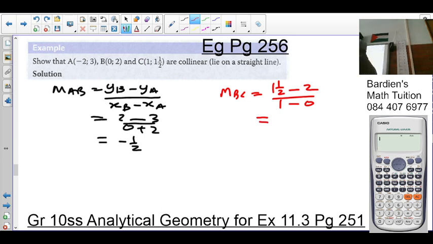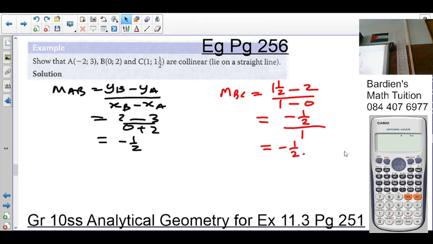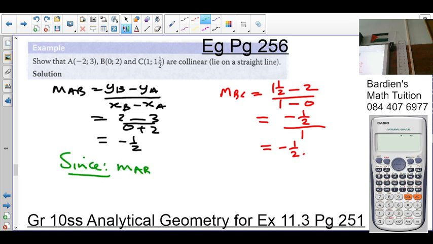Now 1.5 minus 2 is negative half. 1 minus 0 is 1, which is negative half. So hang on, what do we notice now? They're equal. So what do we say? Since the gradient of AB is equal to the gradient of BC, which is equal to negative half, therefore A, B, and C are collinear.